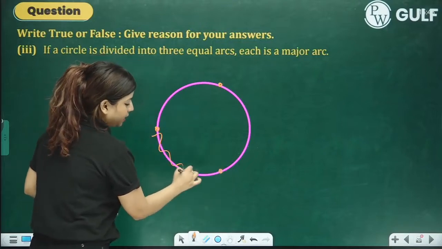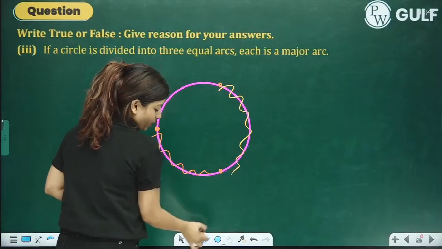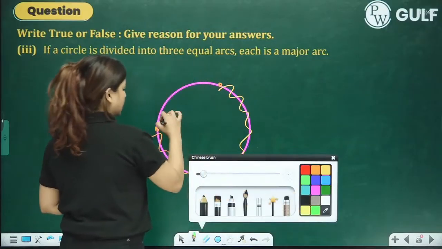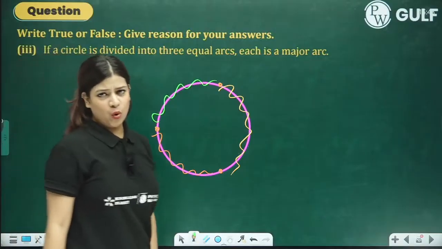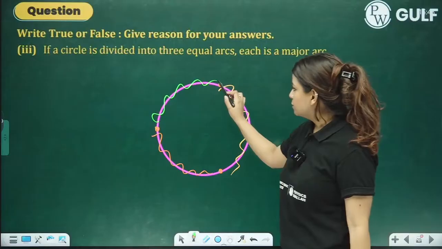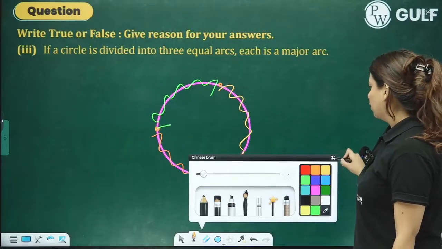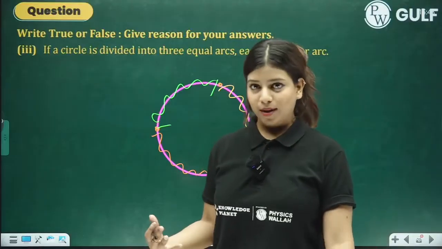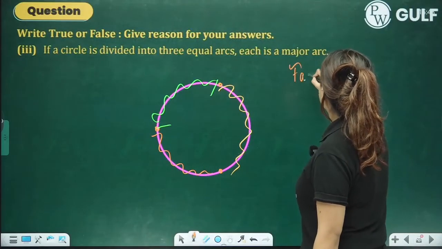Let's say that this arc is equivalent to this arc and is equivalent to, for example, this arc. So each is a major arc? No, each one is a minor arc, right? Because this part is the least part of the arc, you cannot say that this is the major one, right? So this will become a false statement.